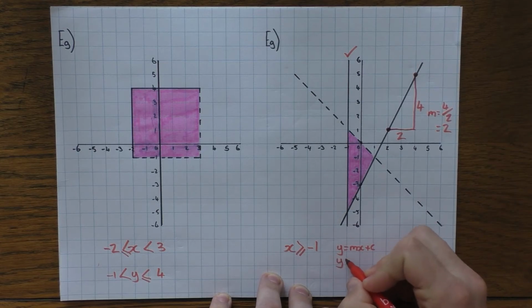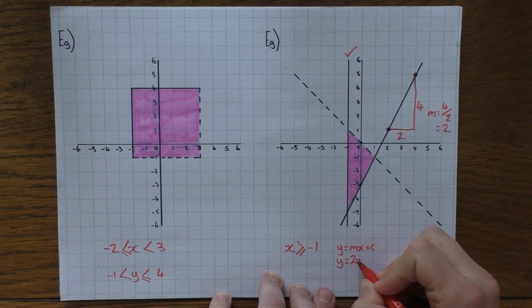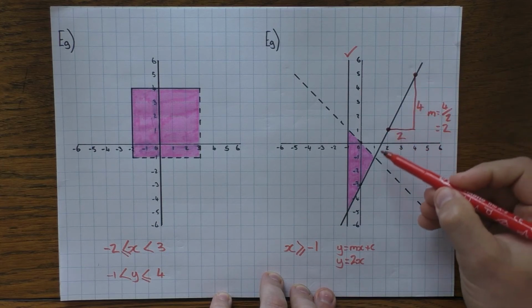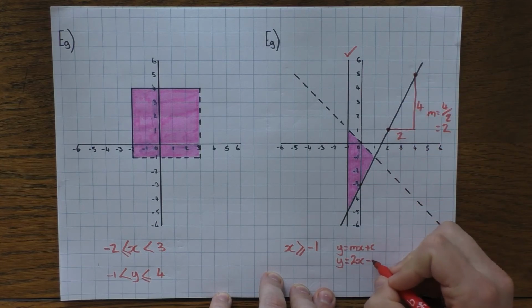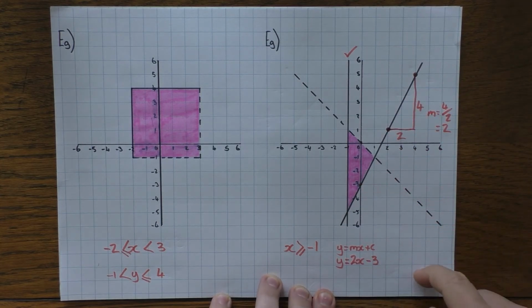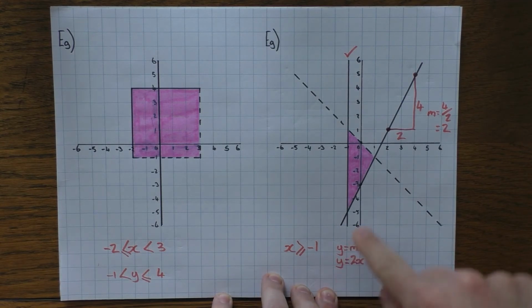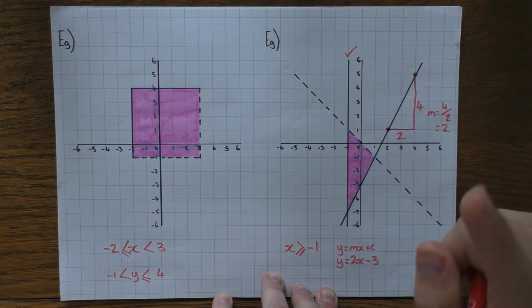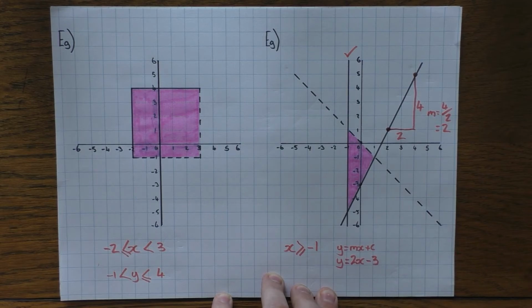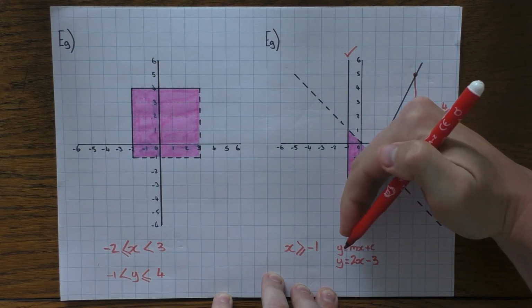So I'm going to substitute that into there. Y equals 2x. And where does it cross the y-axis? It crosses at -3. So that's the equation of this straight line, but we're dealing with the inequality. So we have a look, what's shaded?